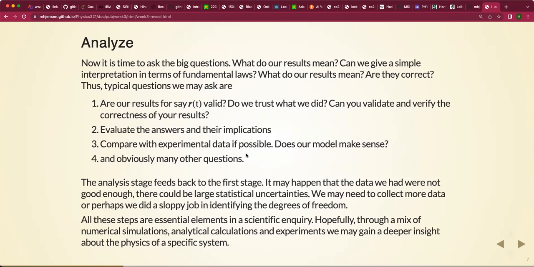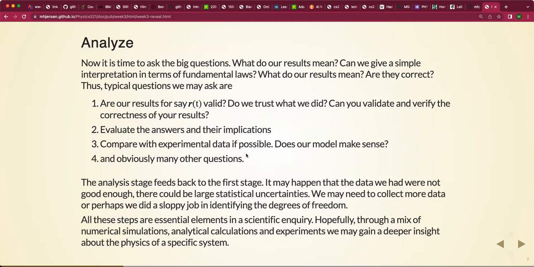And clearly when you simulate the solar system, if you get a solar system which is unstable, that does not agree with experiment, right? Or observations. So that would be a typical example of your simulations not giving the correct results. So suppose Mars leaves its orbit, then most likely we have done something wrong in the simulation.